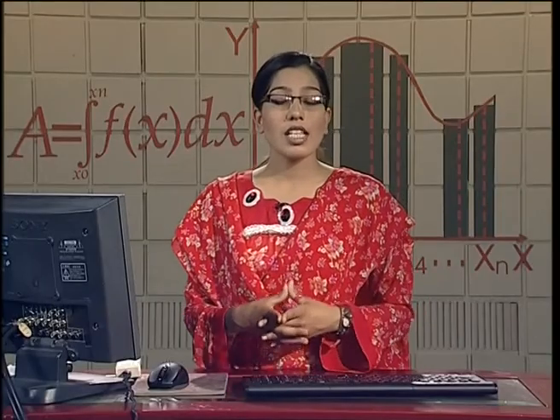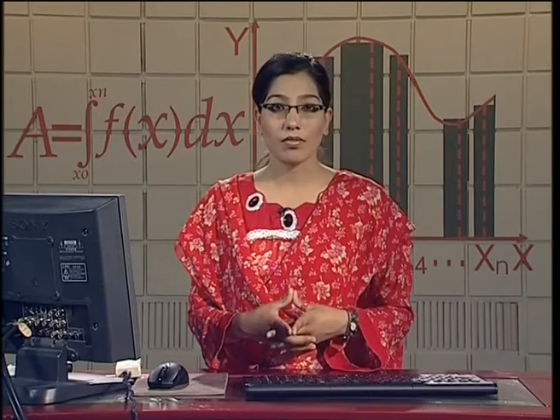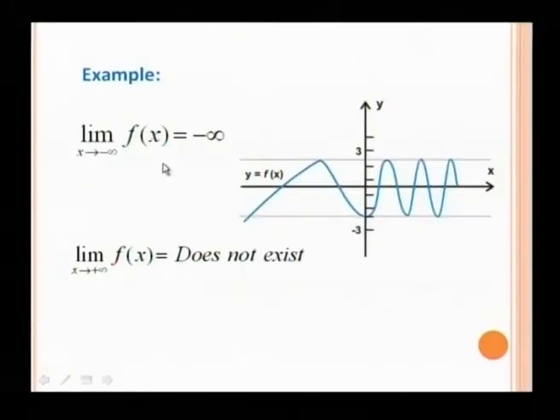Students, here we will consider one more example to understand the limit at infinity, which is on the screen. If we have a certain function f of x and we have this graph for this function which lies between minus 3 and 3. For this function, limit x tends to minus infinity f of x approaches minus infinity, which is clear from the left hand side.